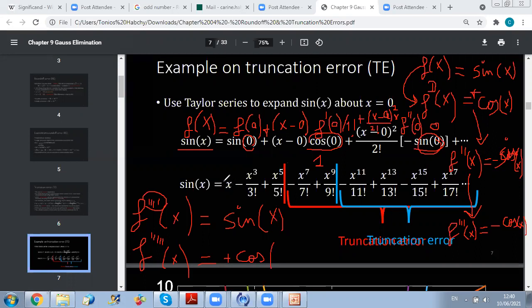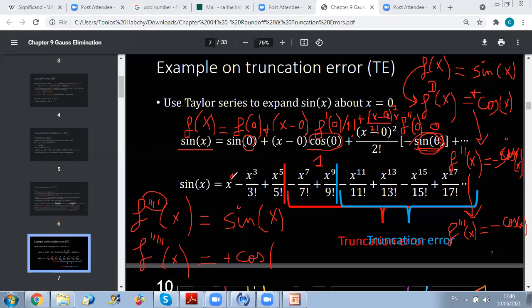So if you look at it, even exponents will be cancelled out, because for all even exponents, x squared, x4, x6, it's multiplied by sine 0 or minus sine 0, but both are 0. And I will be left only with odd coefficients, with alternating signs.